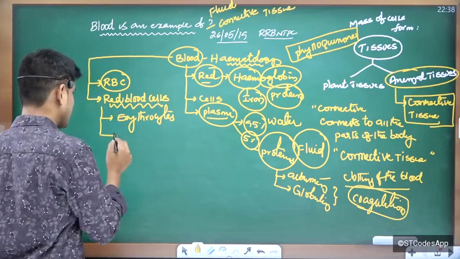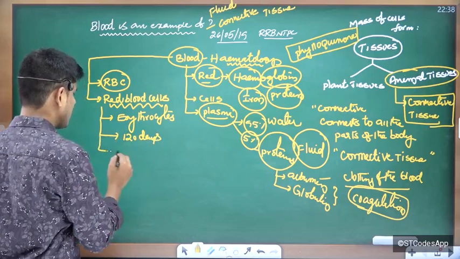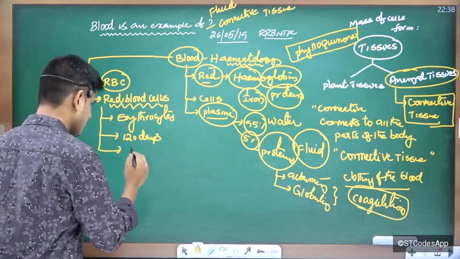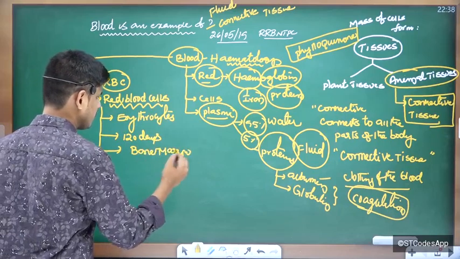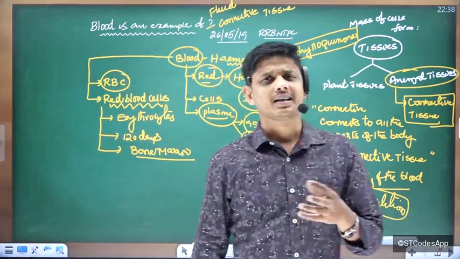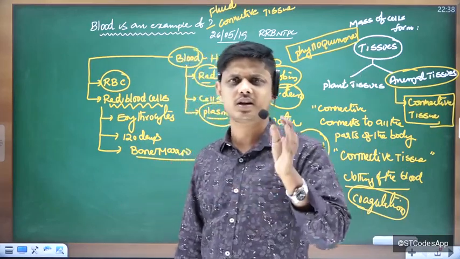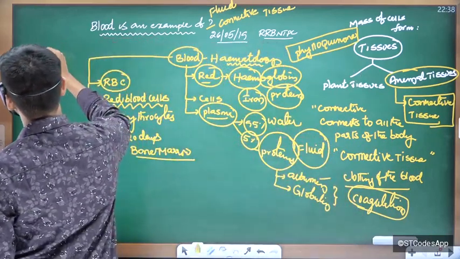The lifespan of RBC is 120 days, and RBC is synthesized in the bone marrow. The production of the blood, which includes all types of cells as well as plasma, is called hemopoiesis.